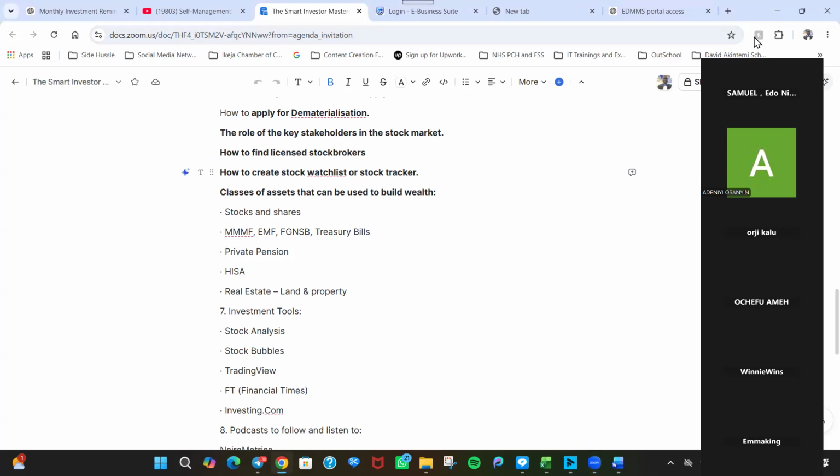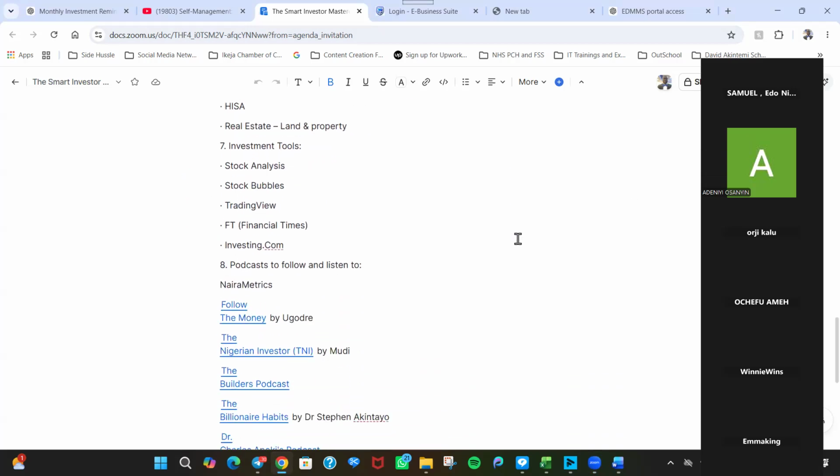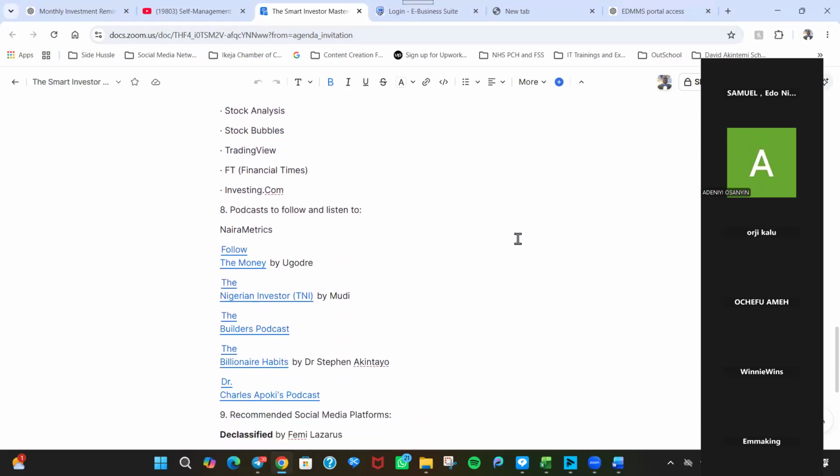So basically, I will show you on the NGX website because that is where you need to find the licensed stockbrokers. But you may see the names and list of all the licensed stockbrokers, but you still need somebody to recommend. If not, you are just going to pick any stockbroker, and it's not good to just pick anyone.